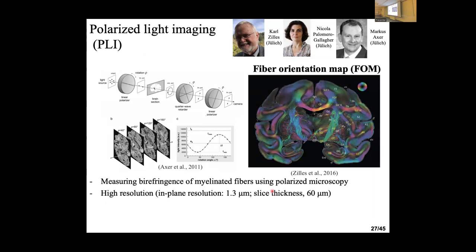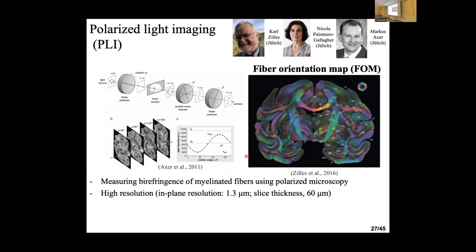Because we know that myelinated fiber has an optical property called birefringence, and this is dependent on the orientation of the axon. Therefore, if we rotate a polarizer during data acquisition, then at each pixel we typically get a sinusoidal signal. Then the phase of the sinusoidal signal corresponds to what people call the fiber orientation map.